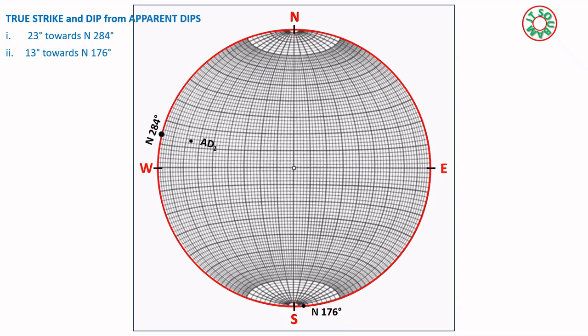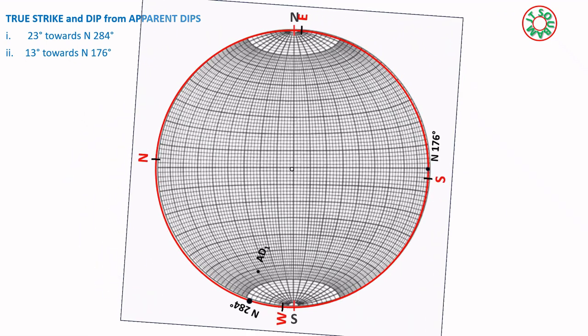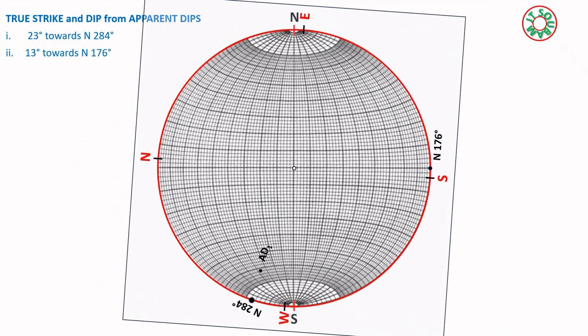Again, rotate the overlay until this marked trend lies along the east-west line. From this position, move inward by 13 degrees and mark the point as AD2. Now, both apparent dips have been plotted.